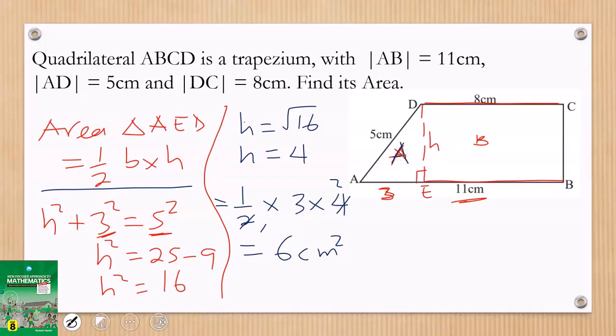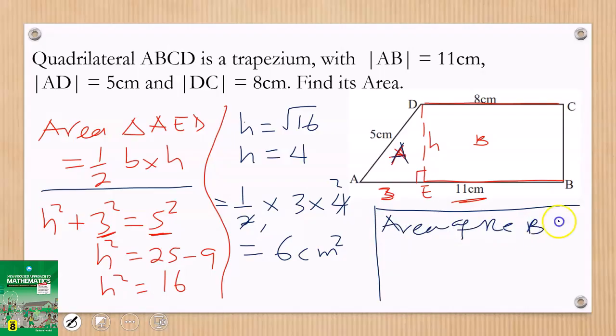Now, to find the area of the rectangle, area of rectangle BCDE will be equal to length times width, and the length is 8 centimeters and the width is the height, that is this one, which we got as 4.